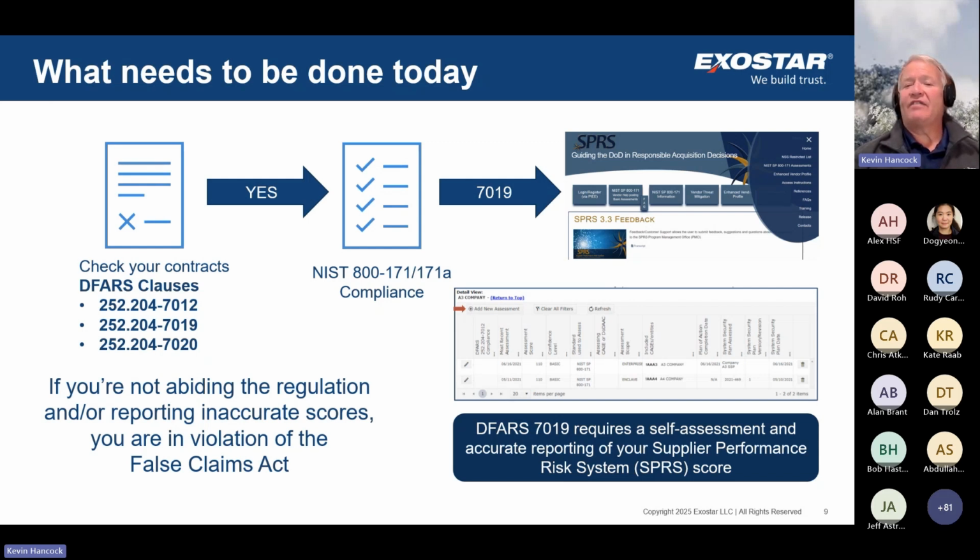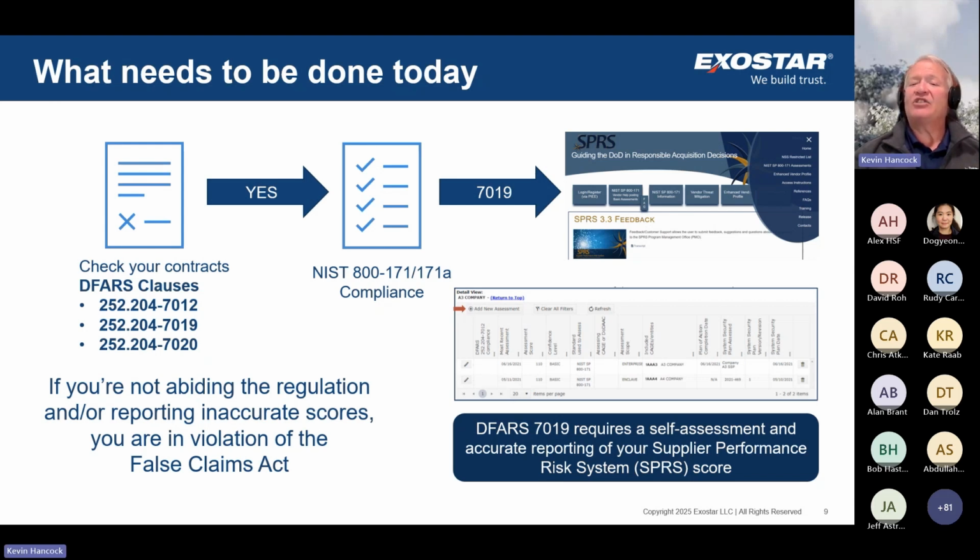As part of that, NIST came out with the NIST 800-171A. That's the assessment guide. That provided a scoring system for each of the different controls and then allowed you to perform that score. And your score is somewhere between -203 and 110.